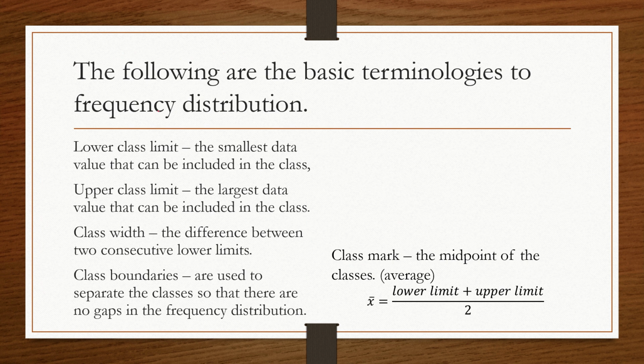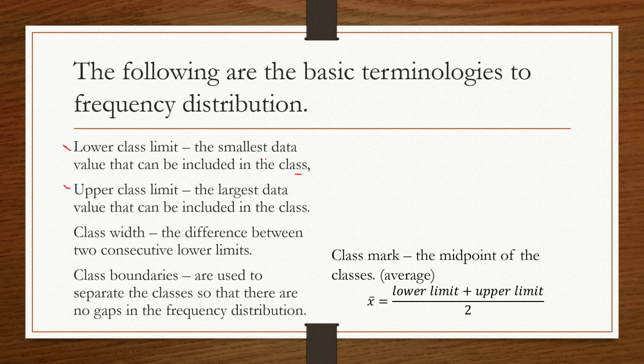Next is, following are the basic terminologies to frequency distribution. Okay, so ito po yung sa grouped frequency distribution naman, yung mga terms. So we have the lower class limit and upper class limit. So ano ba to? So when we say lower class limit, it is the smallest data value that can be included in the class.